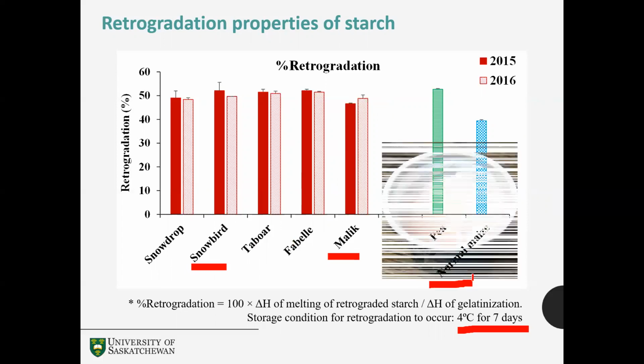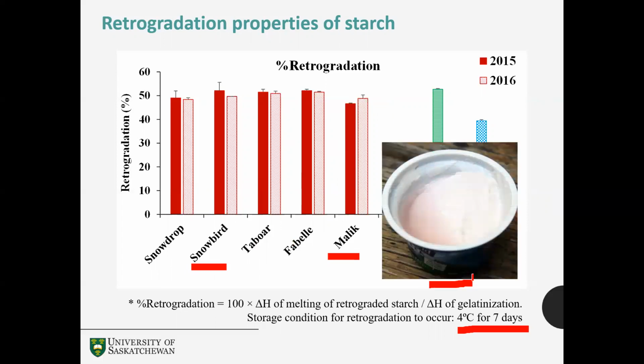When we try to use starch as a thickener or stabilizer in food systems, a higher retrogradation percentage or rate is usually considered undesirable, because it is usually associated with a phenomenon called syneresis.